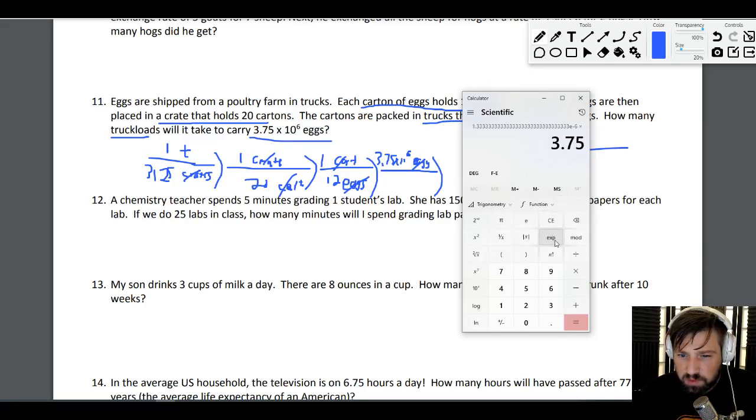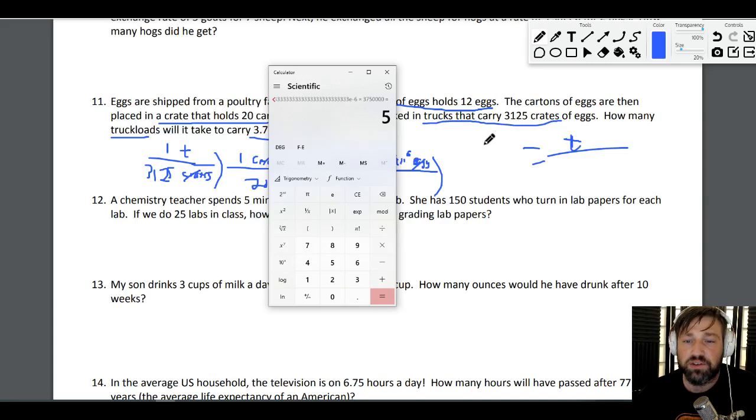Trying to remember which one was the E button. There we go. That one. E to the 6th. Remember, E is a fancy way of saying times 10 to the. So there's that. 5 trucks is the answer. I love it whenever you have these giant numbers and then it rolls down to something nice, quick, and simple. Easy.